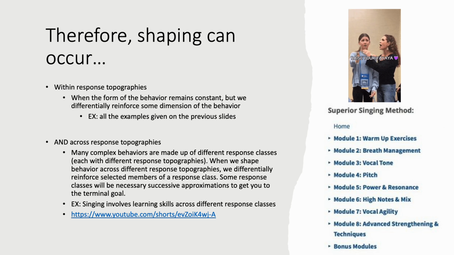So when we're shaping a particular behavior across response topographies, basically that means that we have different response classes that are required as successive approximations, right? There's some behavior, some component within a response class that we need to reinforce, but it's not good enough. It's not getting us to that terminal behavior, and so we have to continue to shape across different response classes until we reach the desired behavior.